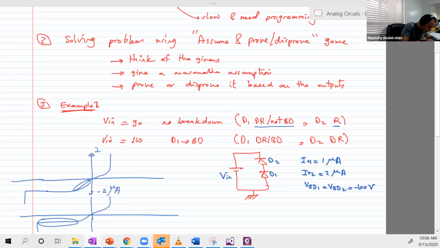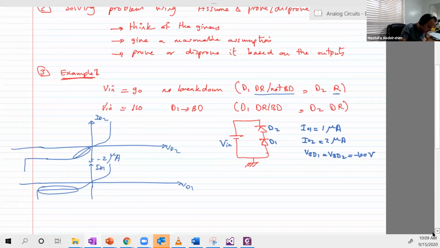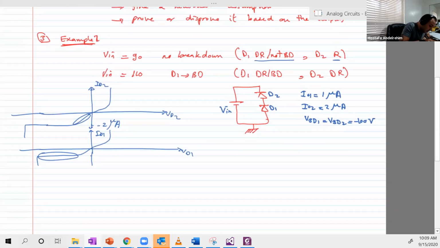This is ID2, VD2, VD1, ID1. But ID1 in reverse can have up to -1 microamps. So D2 can afford up to 2 as the magnitude, but D1 can afford only up to 1 microamp.